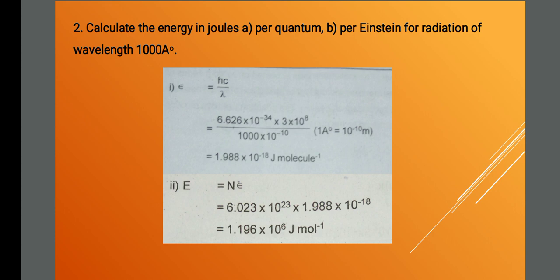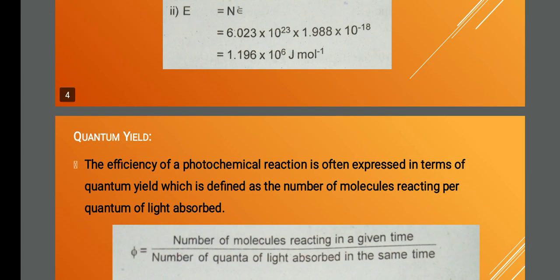So the answer has to be multiplied by 6.023 into 10 to the power of 23, and your answer is 1.196 into 10 to the power of 6 joule per mole. Is it okay? We have seen two sorts of problems, one based on quantum and another based on Einstein. The next topic for today's class is quantum yield.